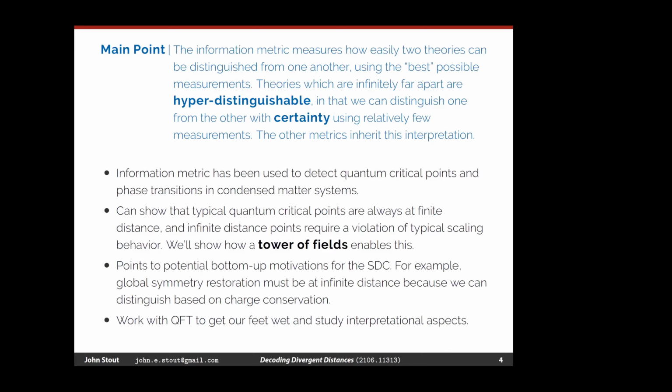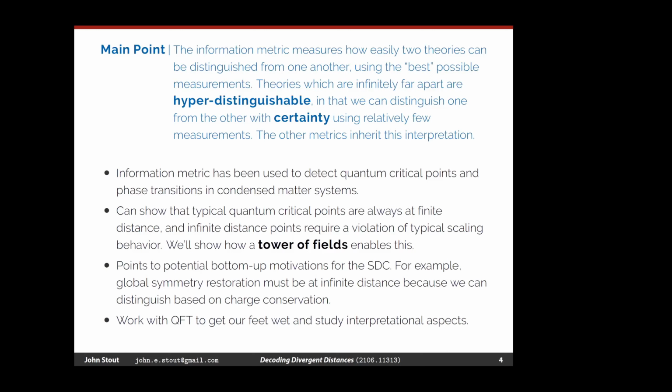I'll give simple examples of this hyper-distinguishability, but really what this means is that there are some measurements that I can perform that have no statistical fluctuations. They immediately allow me to rule out a particular theory.